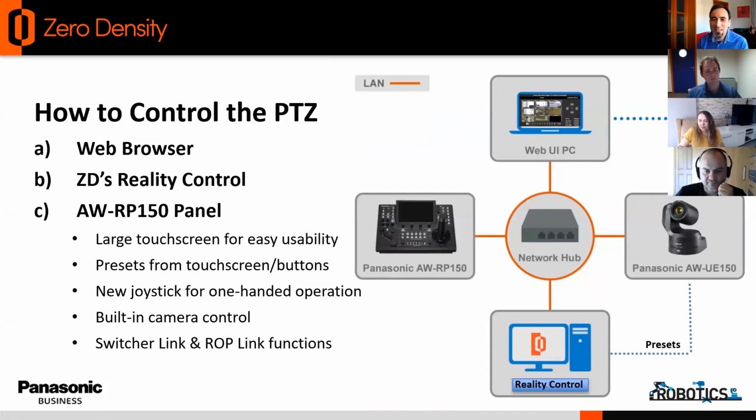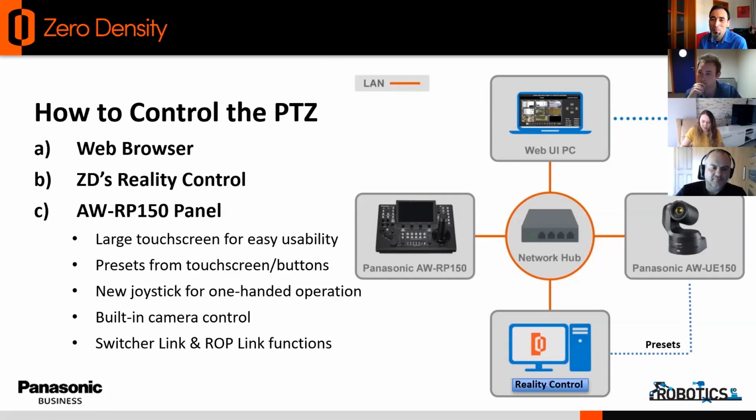So this is a PTZ. One of the nice functions is to move the camera, of course. I would say there are three ways of controlling the camera. It could be any of these, or all three at the same time, and at any time you can use the best method.